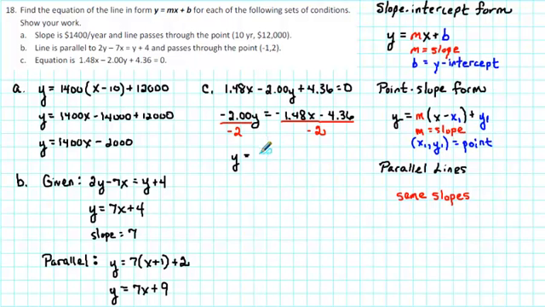So we get 0.74x, and then divide negative 4.36 by negative 2, and we get 2.18. So y equals 0.74x plus 2.18 is in the form y equals mx plus b, where m is equal to 0.74 and b is equal to 2.18.